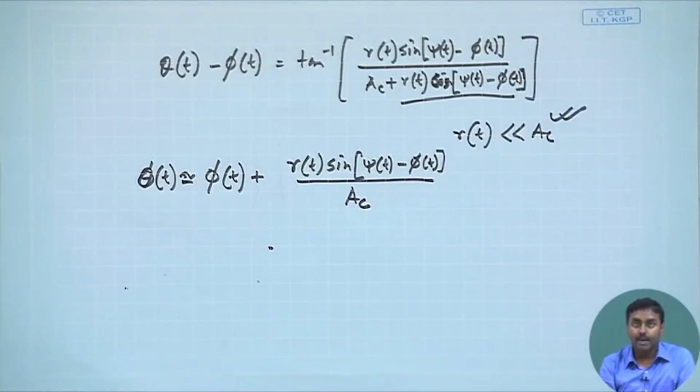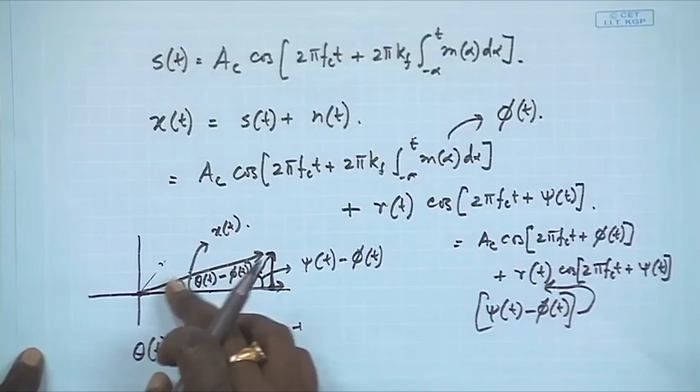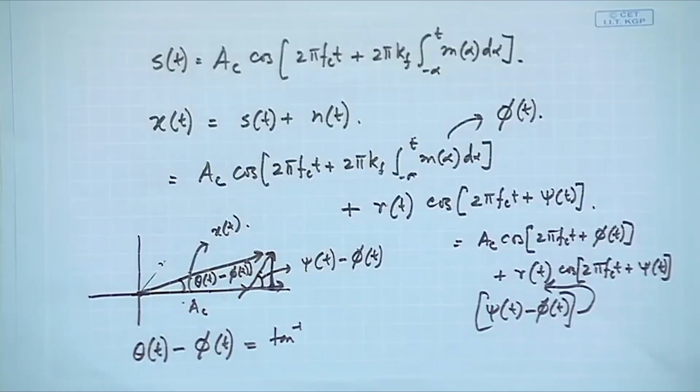Okay. So, I get my overall theta t, which is actually the phase of the resultant signal, that means of x t. If you see over here, that is the phase of x t. What will the discriminator, or the FM demodulator, do? It will actually take that phase and differentiate it, and whatever that is must be my signal. So, the discriminator output should give me the differentiation of this phase, right.